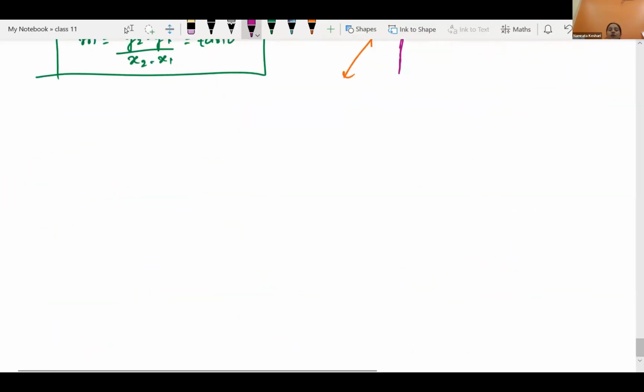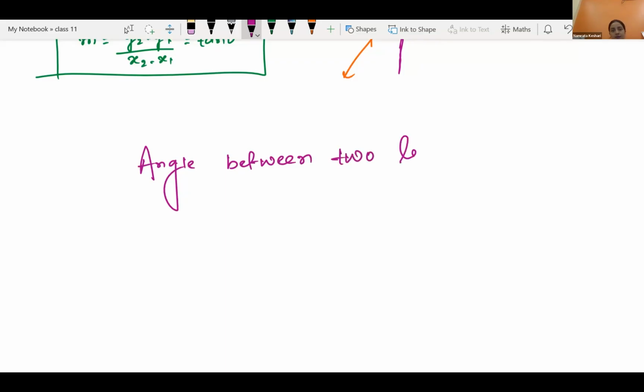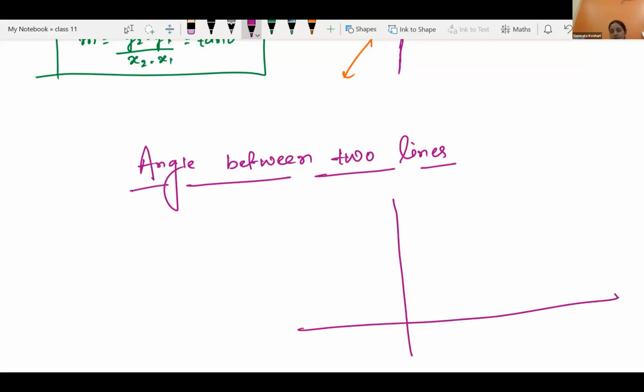Now we are going to see the formula for the angle between two lines. Can you see this screen on which I am writing? Suppose we have the coordinate axes, x-axis and y-axis, and a line like this.